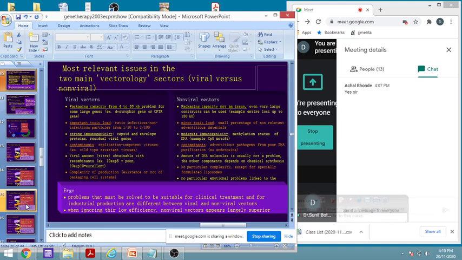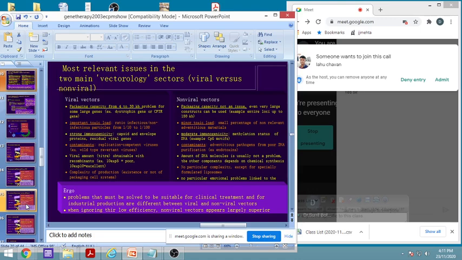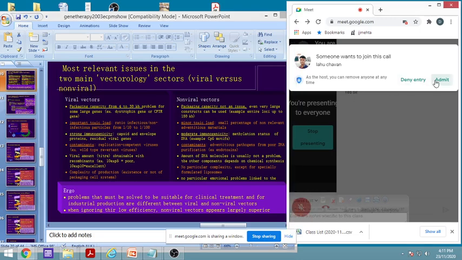What are the differences between viral and non-viral vectors? Vectors, I told you, are the modalities or the way we carry the gene to the exact place where we need it. Viral vectors have a packaging capacity from 4 to 30 kilobases. Kilo means 1000, so 4000 to 30,000 base pairs we can put in, and that is okay if the gene we require is small.